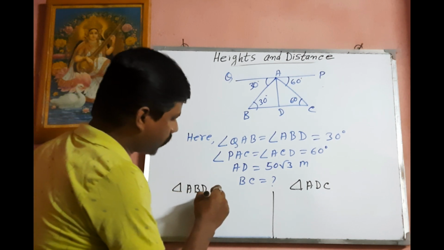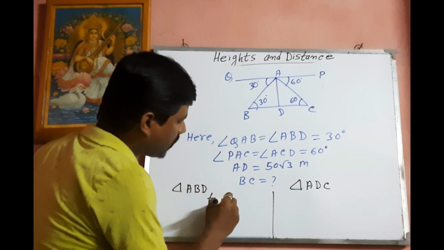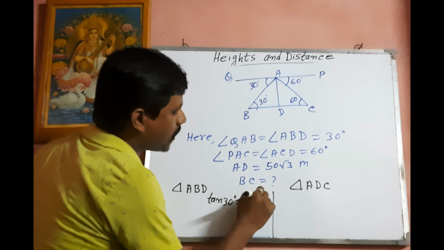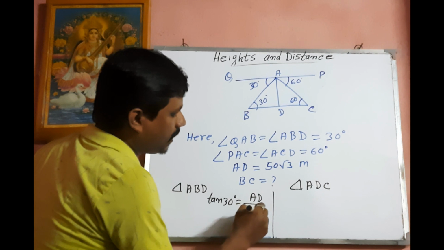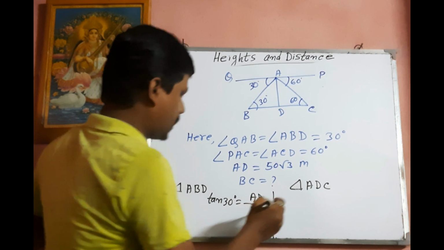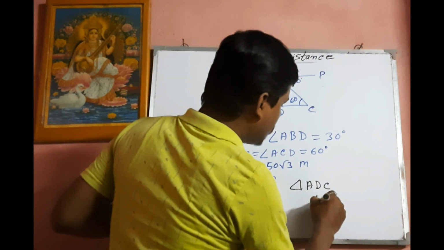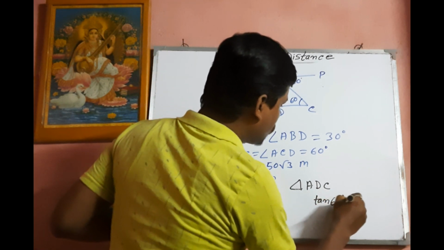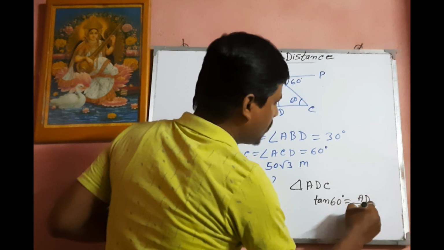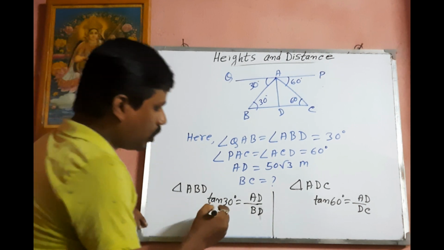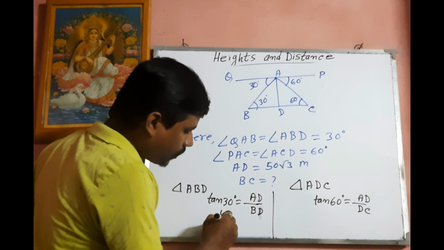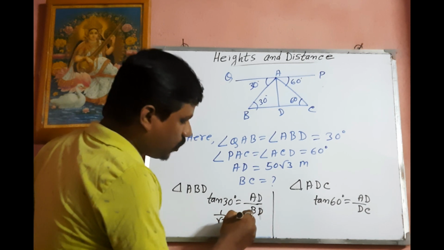Now tan 30 is equal to AD by BD, and similarly here tan 60 is equal to AD by DC. We know that the value of tan 30 is equal to 1 by √3 and AD is equal to 50√3.